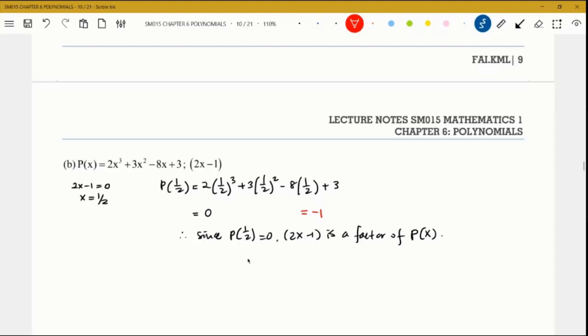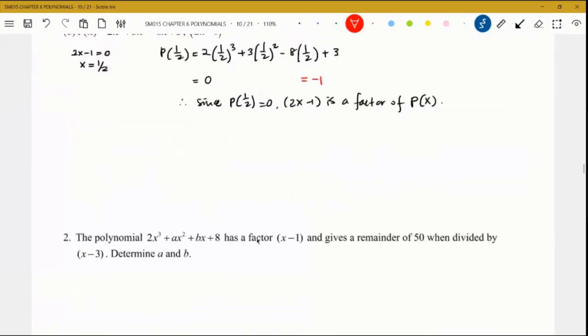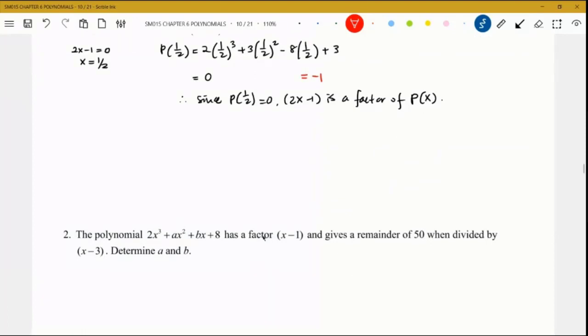So next we have to determine the unknown values A and B, given information related to the factor theorem and the remainder theorem. So the polynomial given is here. The P(x) has a factor x minus 1. When there is the keyword factor, it means P(1) equal to 0, because when we substitute the value of x into P(x), the remainder is zero.